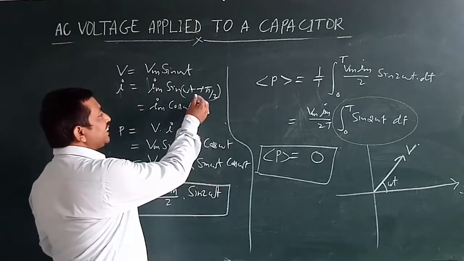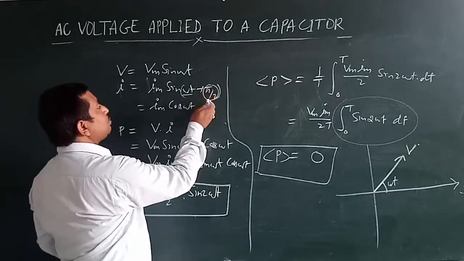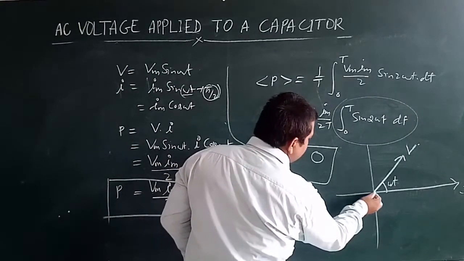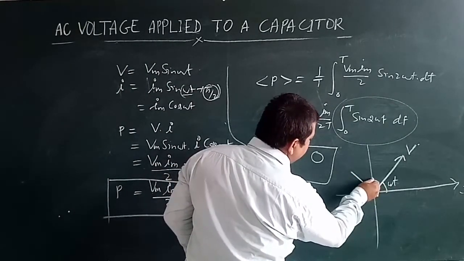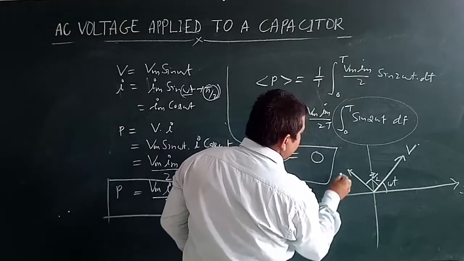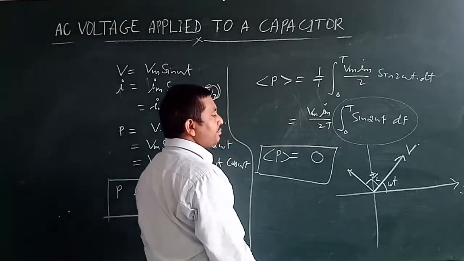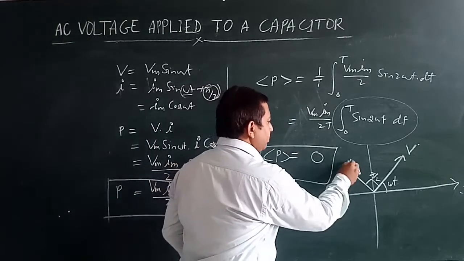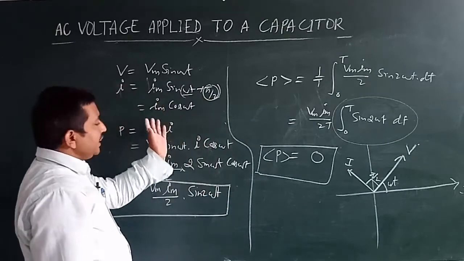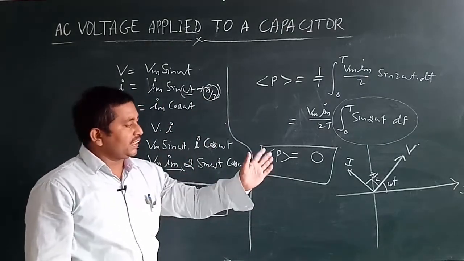As we know that current leads the potential by 90 degrees, the direction of the current will be 90 degrees ahead of the potential. It means the direction of current will lie in this direction. So this is the phasor diagram representation of the potential and current.